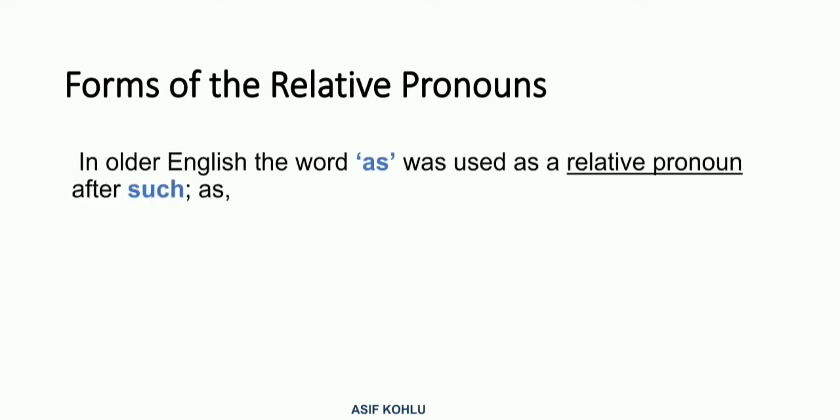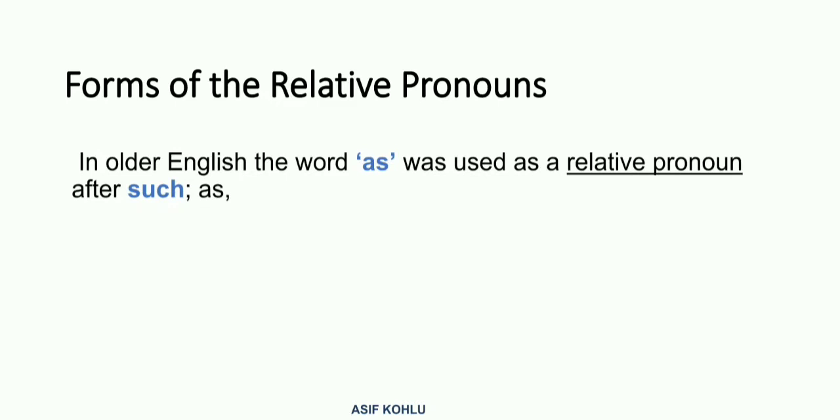Next, there comes some extra information about relative pronouns in older English. In present English we cannot use them, but I am giving you the examples and information about the English language. In older English, the word as was used as a relative pronoun after such.